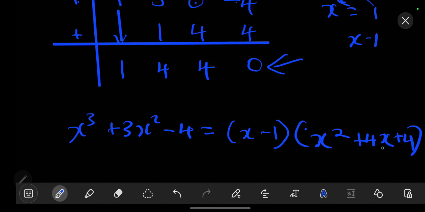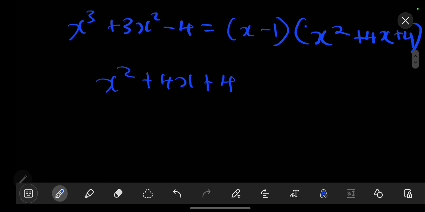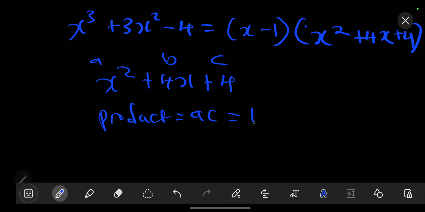So from here, you are going to factorize this: x squared plus our 4x plus our 4. So factorizing this, we are going to get a product that should be equal to AC. Our A is 1, times our C is 4.